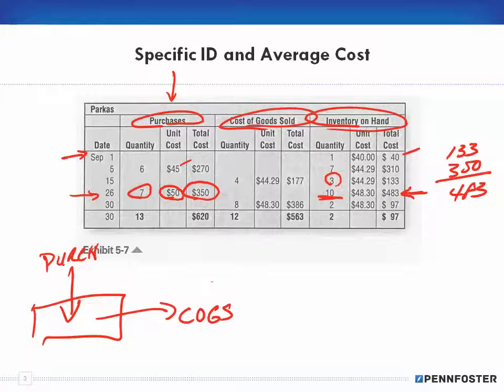So if I have 10 of them, and that's the total value of my inventory, that means my average inventory cost for each one is now $48.30. So I have a new unit cost for each and every one of those items. These 3 here that were at $44.29, the value of those changed. Now they're worth $48.30.